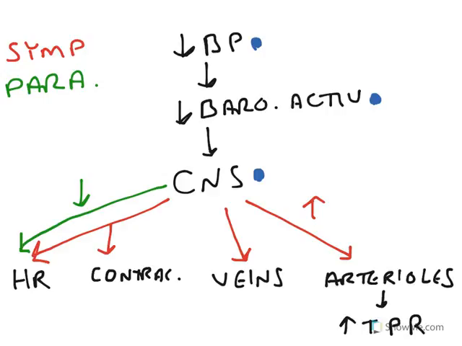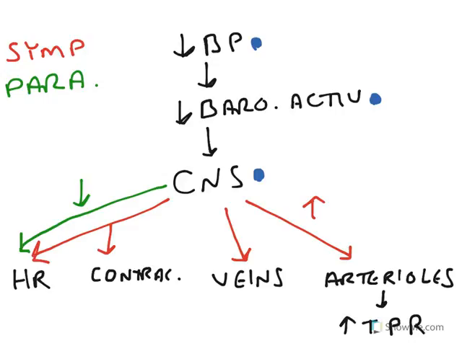So constriction of arterioles leads to increased total peripheral resistance. If you remember the equation that we looked at earlier on, the arterial blood pressure is determined by cardiac output and total peripheral resistance. Increased resistance, increased arterial blood pressure.